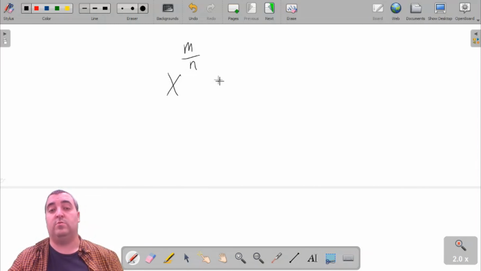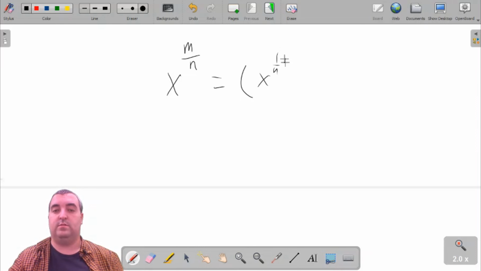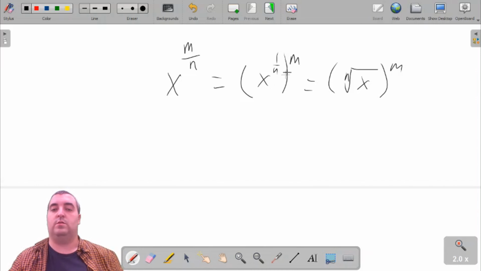So here we can use our exponent rules and break this up to x to the 1 over n, to the m, which is the same as doing the nth root of x raised to the power m. So technically we can actually do it in either order. So I could also say this is equal to the nth root of x to the m.